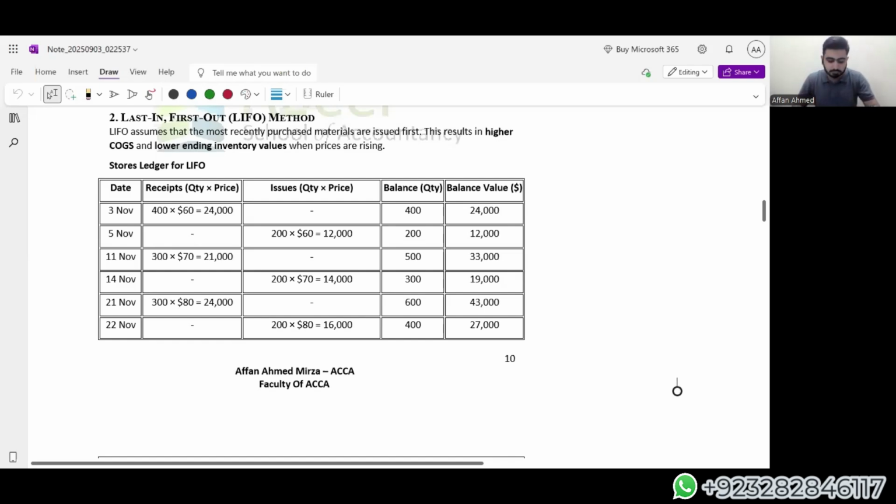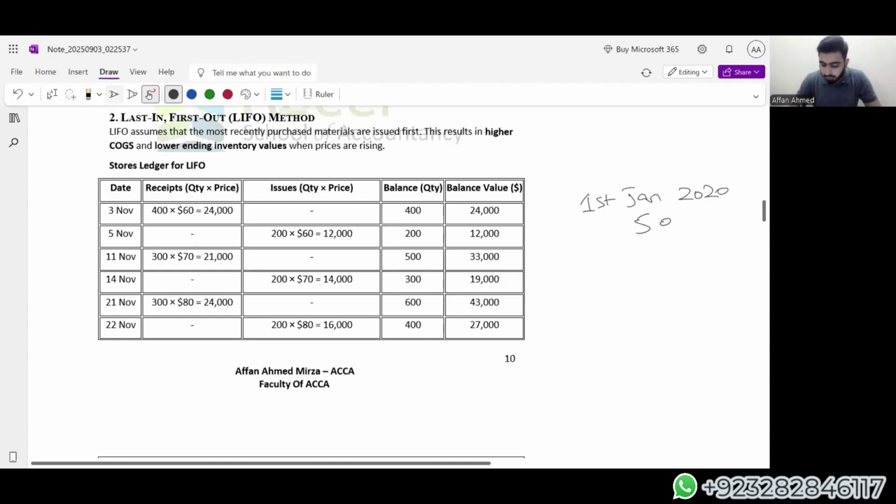I'm saying that we purchased a bag of chips, let's say, on 1st Jan 2020 for 50.